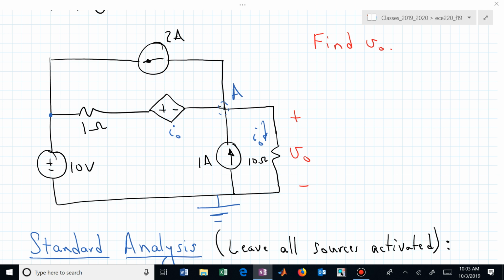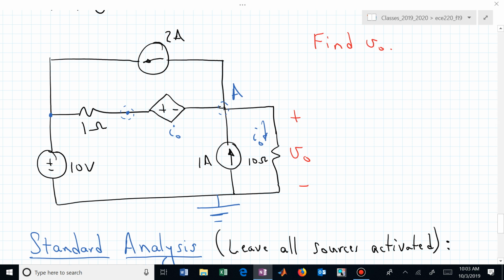And if we know A's node voltage, if we know I sub 0, we can find the voltage at this point. What I'm suggesting is maybe we try KCL at A, and we have one constraint equation relating our dependent variable I sub 0.